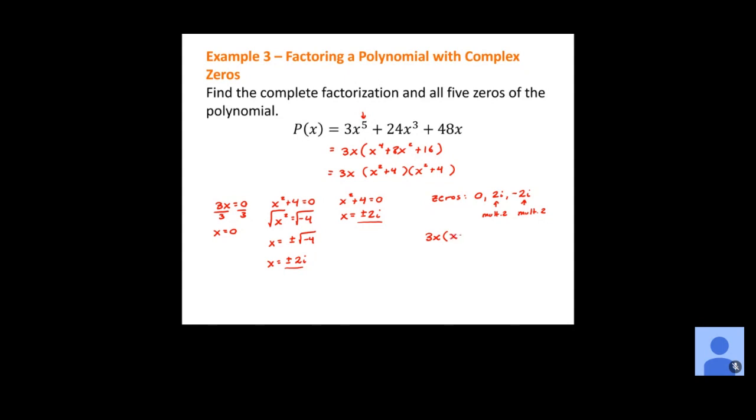So we're going to have x minus 2i, because that would give us the positive 2i. What else would have to be a factor here? Okay, x plus 2i, good, because that would give us the negative 2i. Again, we need 5 factors this time because we know our degree is going to be 5. So those x's have to add up to 5, right? So what other factors are we going to have here?